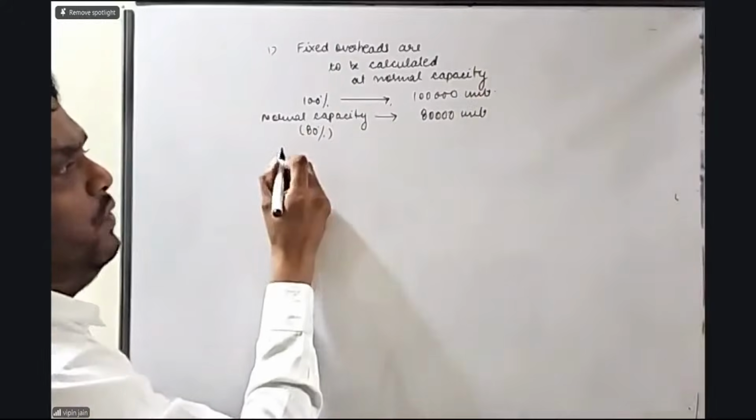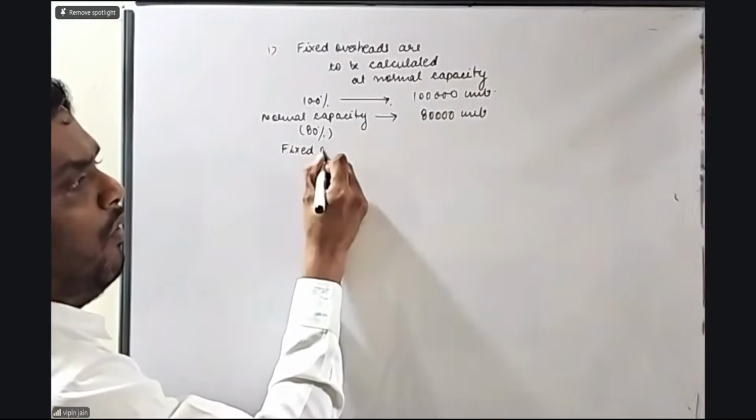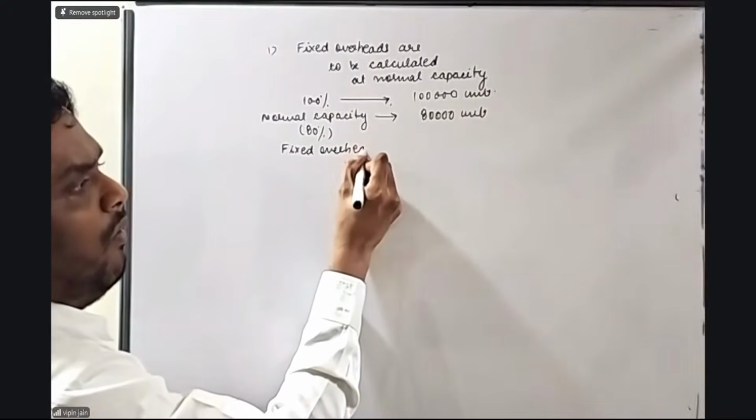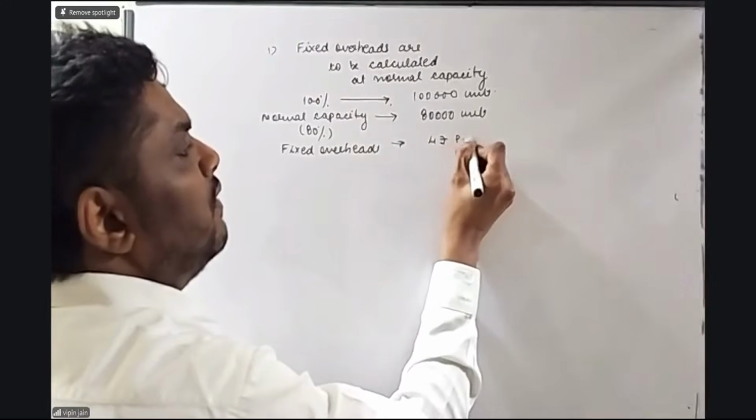And let's say fixed overheads are given, 4 rupees per unit.